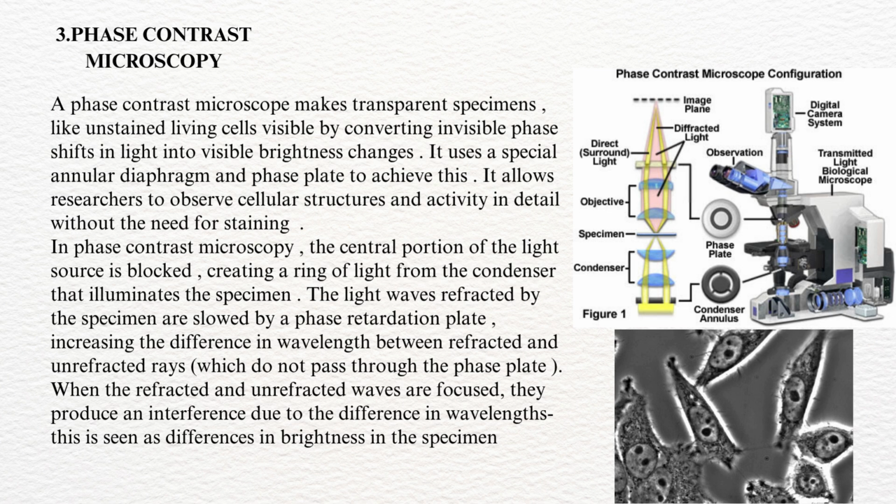When the refracted and unrefracted waves are focused, they produce an interference due to the difference in wavelengths. This is seen as differences in brightness in the specimen. This is a picture under a phase contrast microscope.